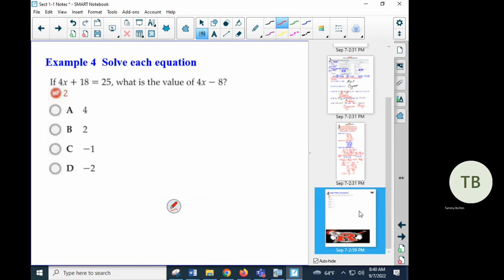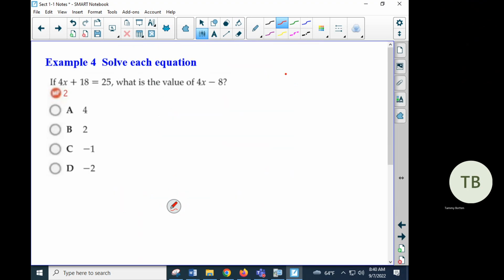All right, then if we go to this last page, this is asking us to take this equation and solve for x, and then put x into this expression. So we're going to take 4x plus 18 equals 25.